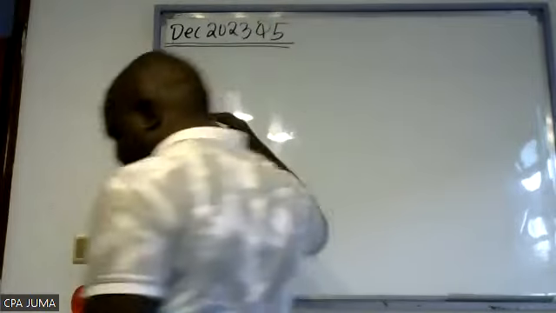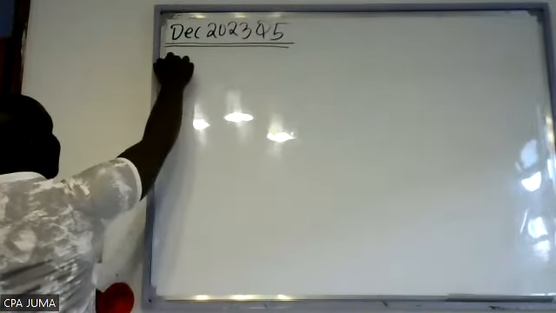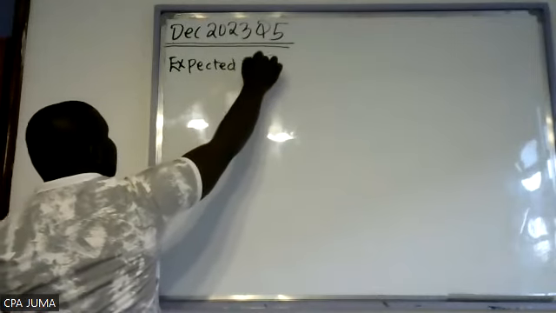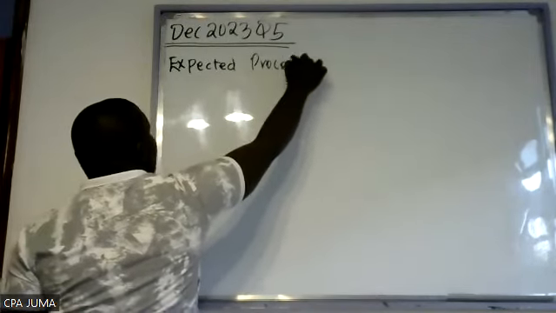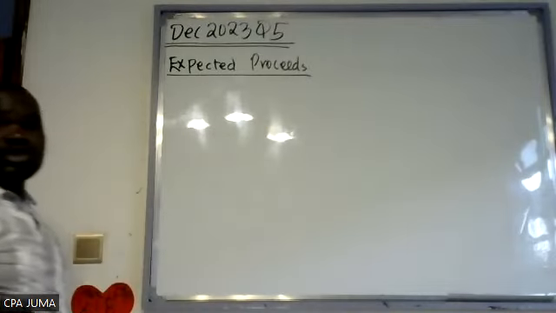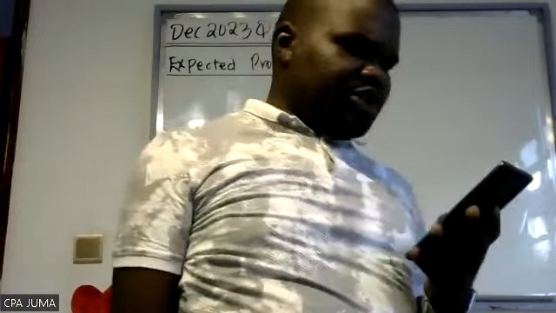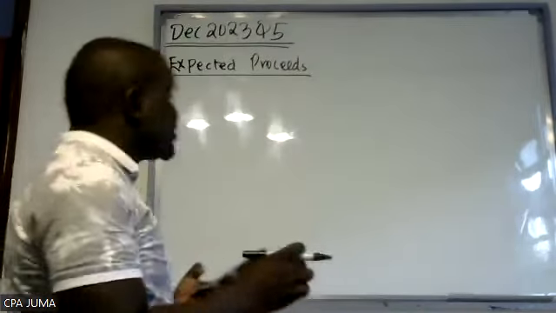So let's kick off by saying expected proceeds. Shillings are in millions.